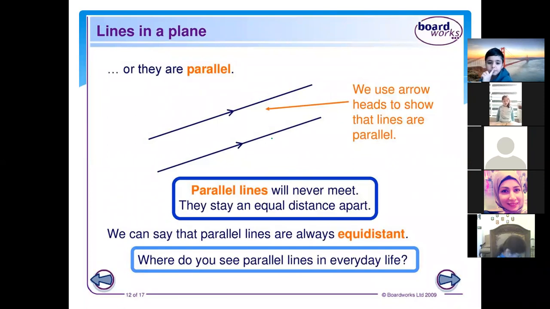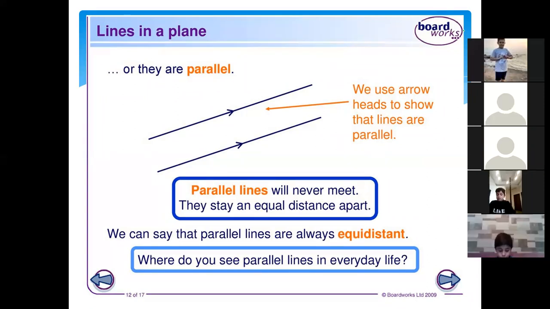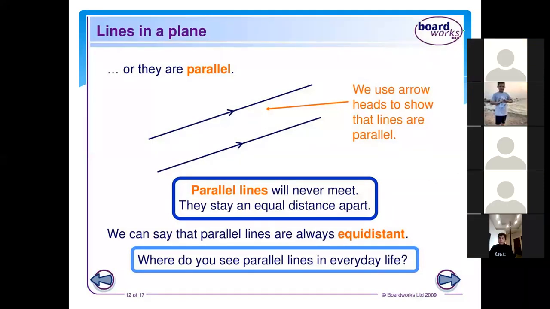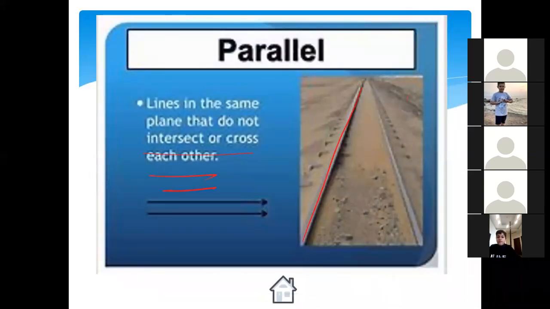Parallel. Why? Because they don't meet. Jawad, what do we call these two lines? Parallel. Why? Because they never meet. Excellent.